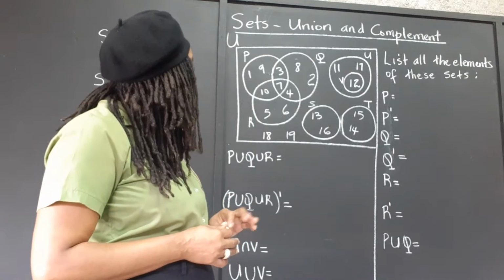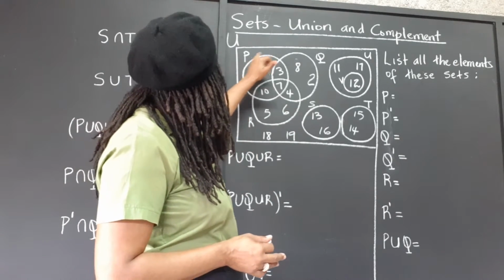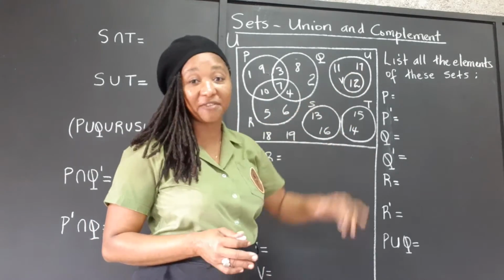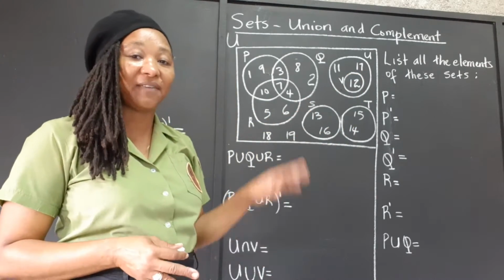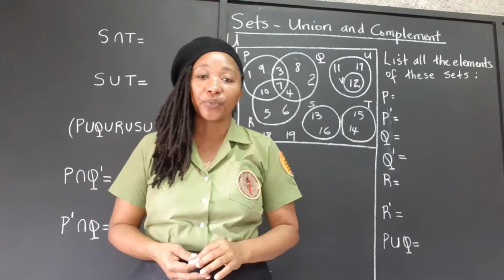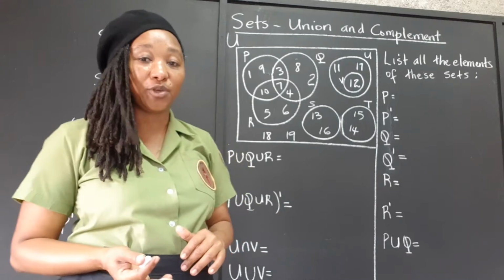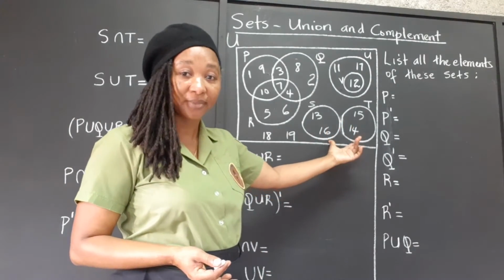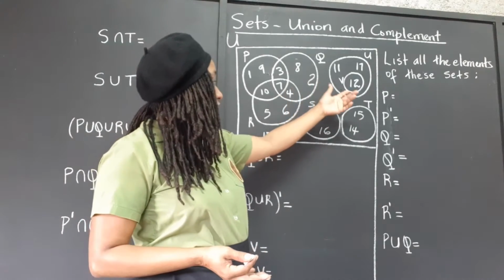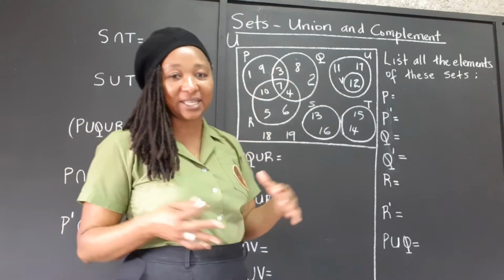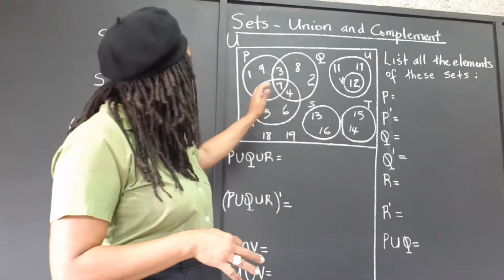Now in this Venn diagram, we have 1, 2, 3, 4, 5, 6, 7 different sets. And I've deliberately done this in order to explain to you how we write the union of, for example, disjoint sets, how we write the union of subsets, how we write the union where sets intersect in this way.